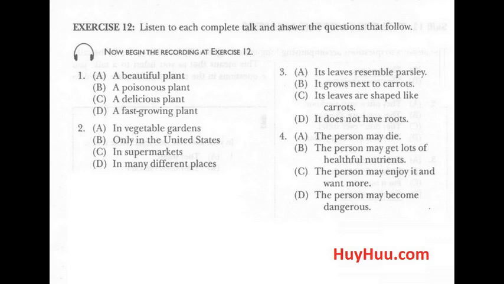Number 1. What is the topic of the talk? Number 2. Where is hemlock found? Number 3. What is true about hemlock?